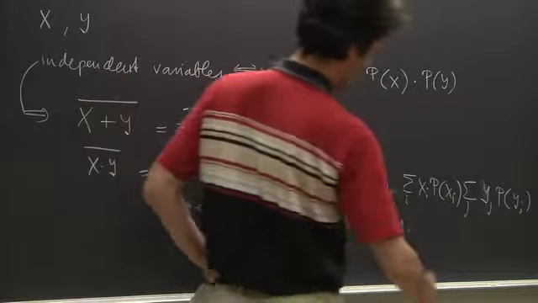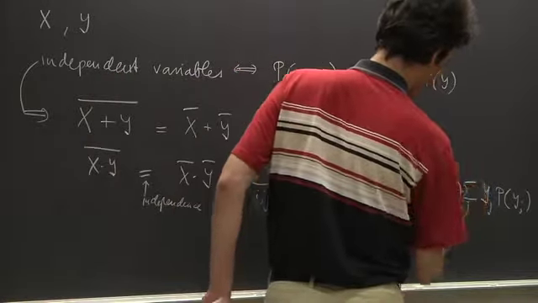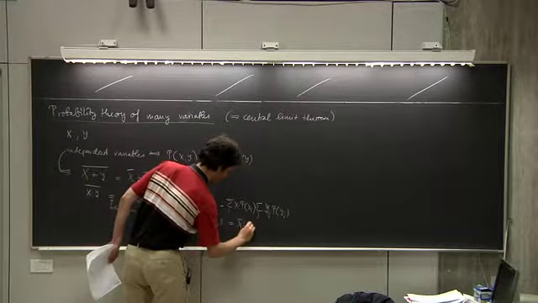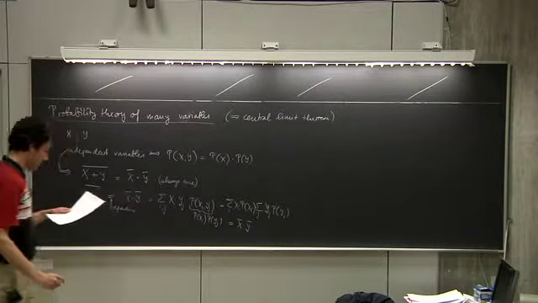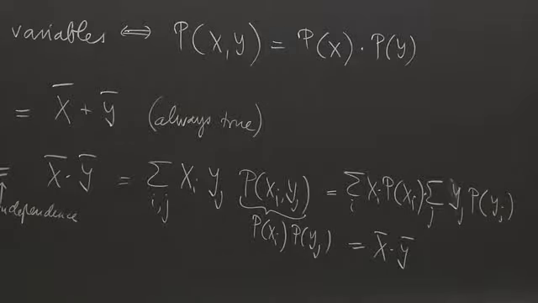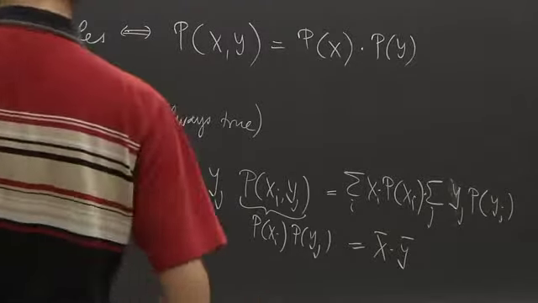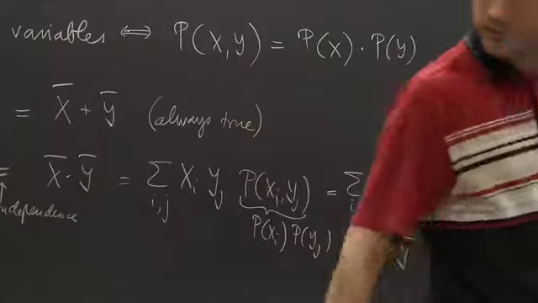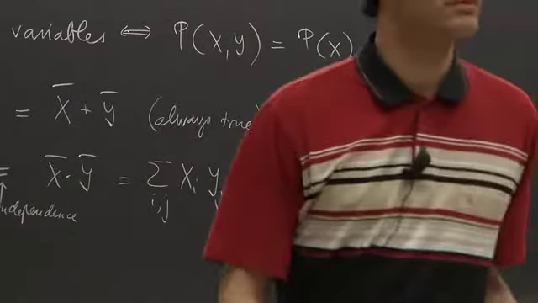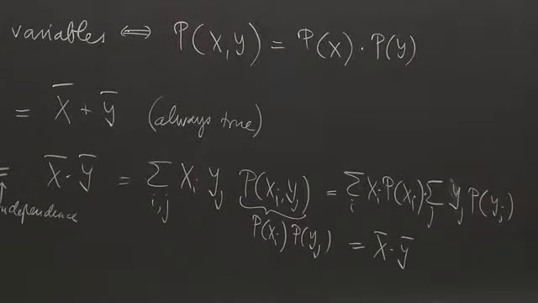I separate this sum into two sums, and there's a product, and this is equal to the average of x times the average of y, because the probabilities sum to 1. Okay. So I guess that you have already seen this. Is there some question? No. Okay.